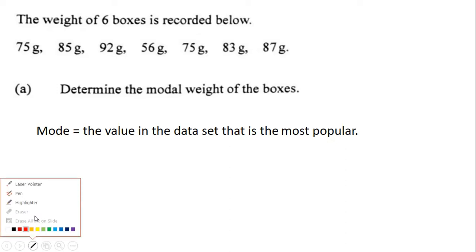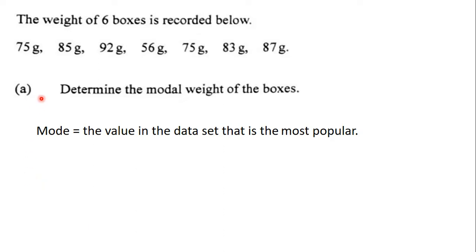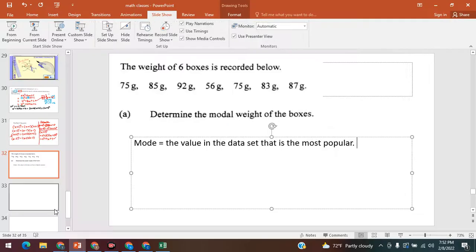Like I say, the BJC and the BGCSE try to be nice to you all. Okay, so 75 occurs how many times? Twice, and every other number occurs once, right? So 75 is the modal weight. Let me write that down. So the modal weight is 75.